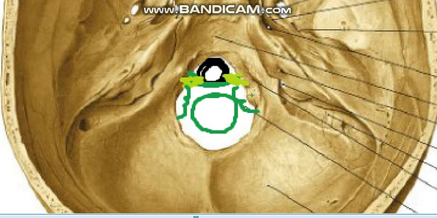Now to the margins of the foramen magnum, you have the attachment of the highest pair of the ligamentum denticulatum. So let us draw the ligamentum denticulatum like this. These are projections of the pia mater, and these pairs of the ligamentum denticulatum give rotational stability to the spinal cord, of which the highest pair is attached to the margin of the foramen magnum.